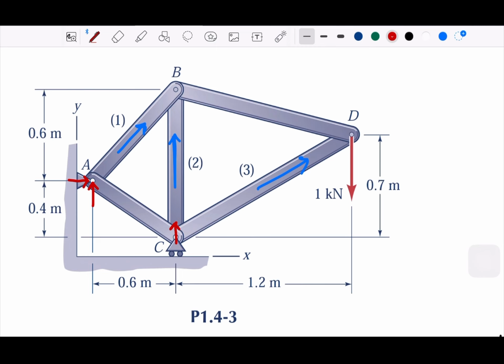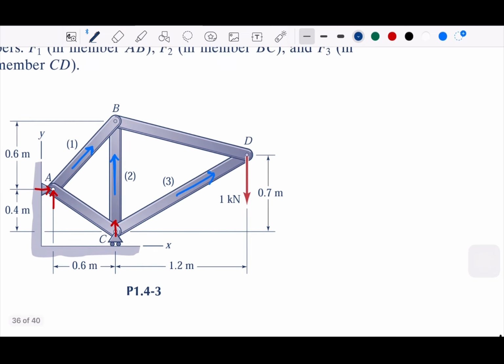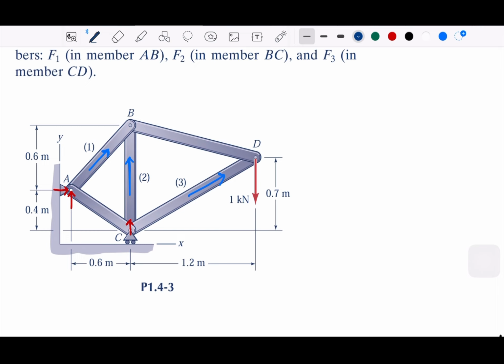Now what we are going to do is first draw the free body diagram. We draw basically the whole truss, just to simplify the picture. So let's say this is the free body diagram. This is AB, this is AC, that's the one side.